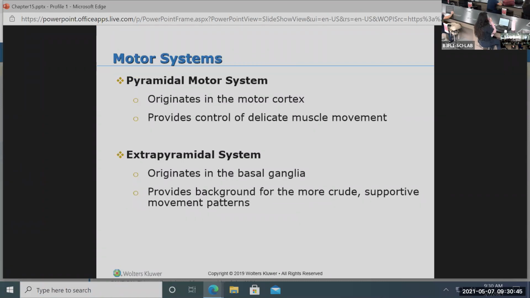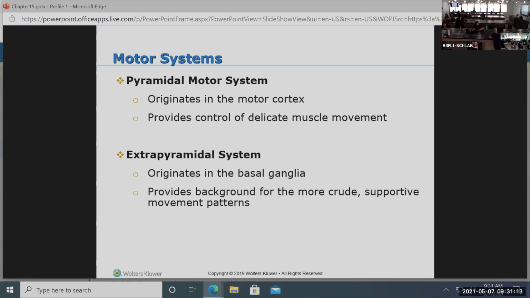Okay, now we have the motor system, we have pyramidal, we have extrapyramidal. The pyramidal motor system originates in the motor cortex.